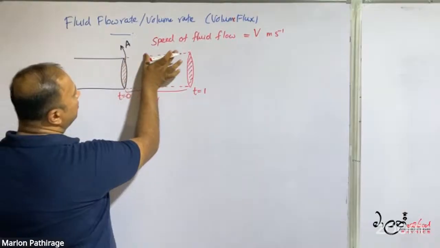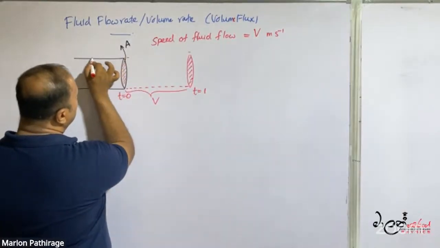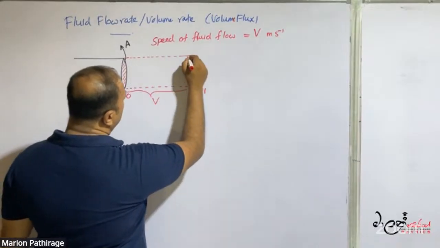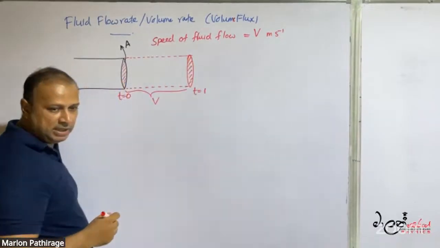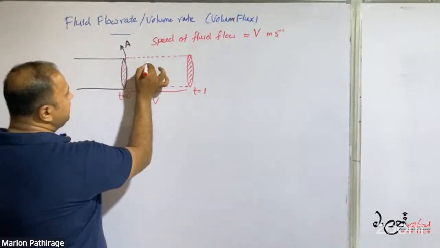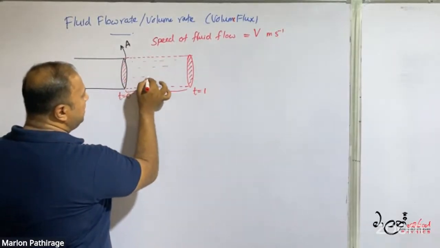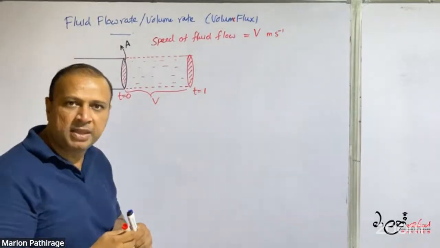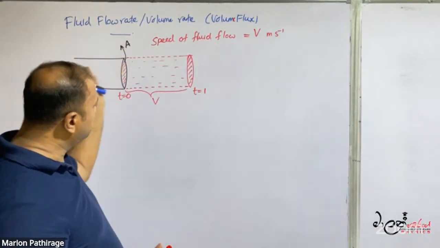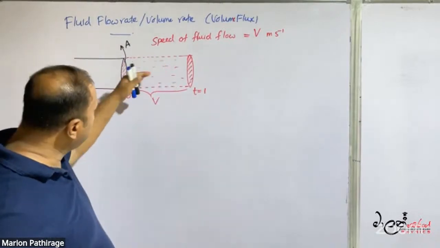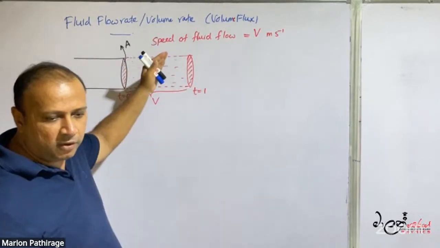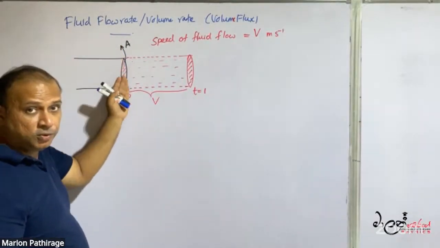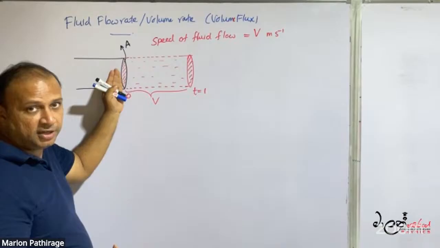Therefore this is the amount of volume passed through this cross-section within 1 second.